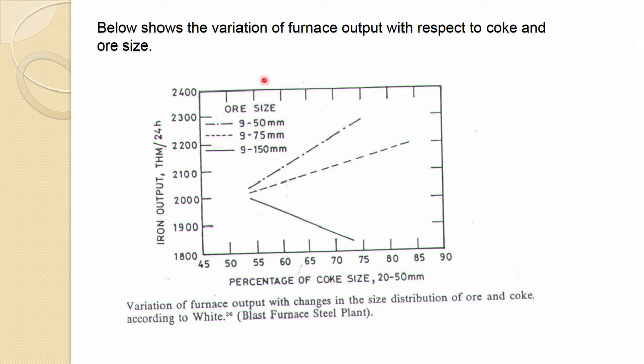So, that shows again the importance of controlling the charge size, or adopting the procedure of categorizing the charge size into 2 or 3 categories and then feeding it into the blast furnace, and that will certainly increase the productivity of the blast furnace.